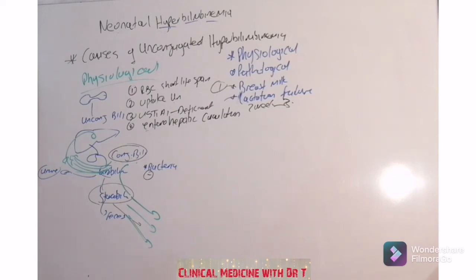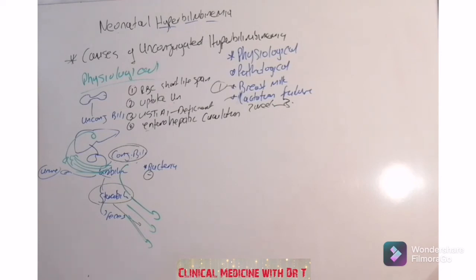So lactation failure hyperbilirubinemia, you've got a neonate who's not feeding well because of whatever reasons. Maybe mom's nipples are cracked, or there's poor sucking, or the mother is not experienced, whatever cause.